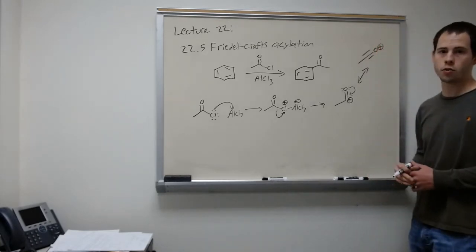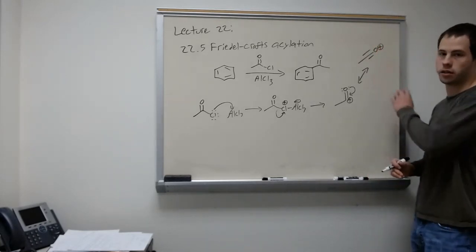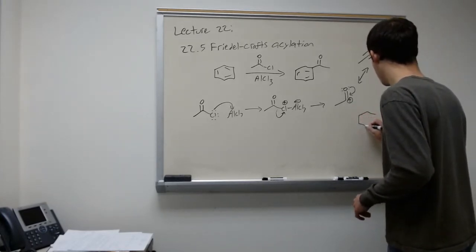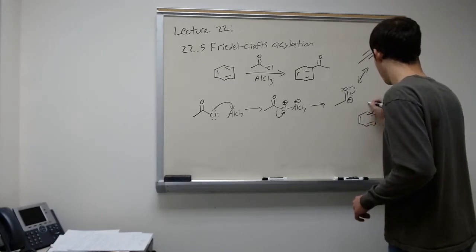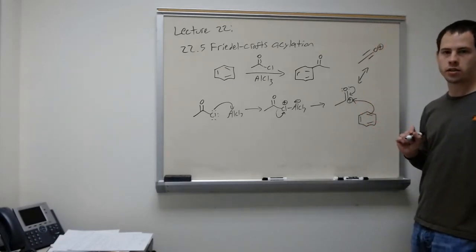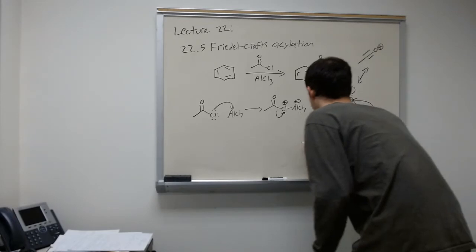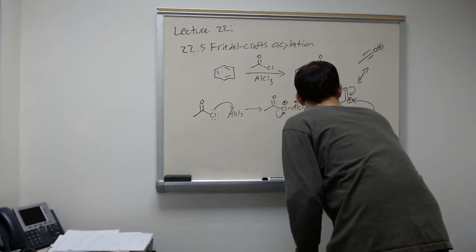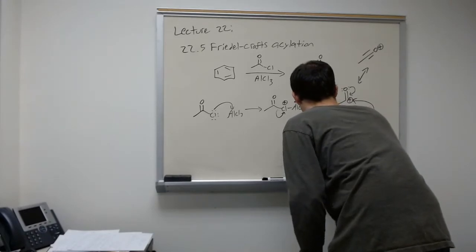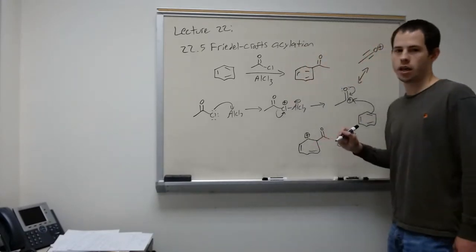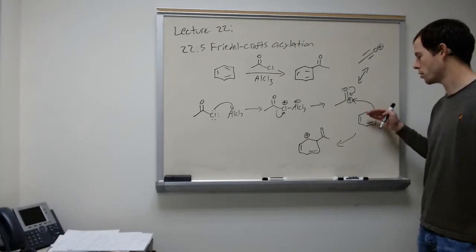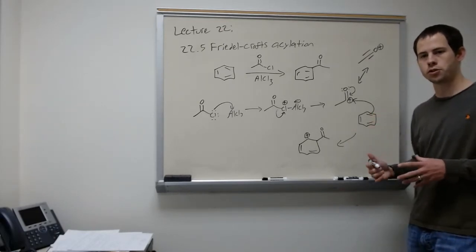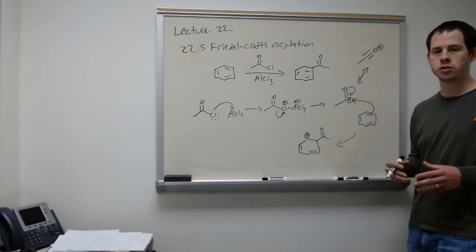And so this has a corresponding resonance structure that looks like this. This goes on to participate as your electrophile in your reaction. And so we get attacked by the benzene ring. And again, when we're just using benzene, it doesn't matter which carbon it swings out on. We'll talk about in the next chapter where we have other substituents in our benzene ring, which way it should swing out.